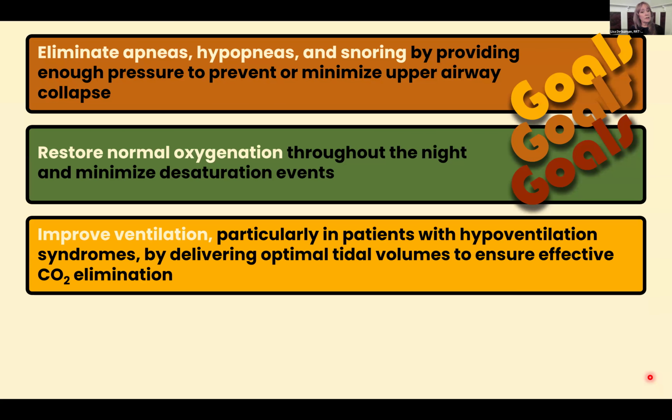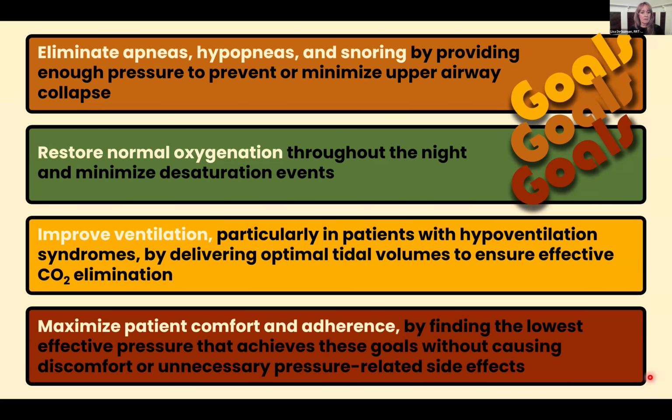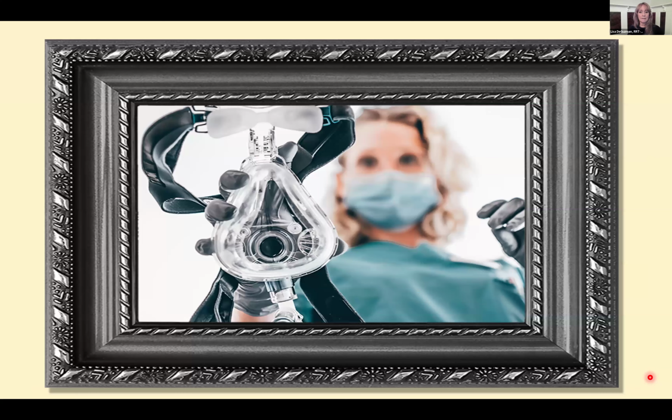We want to improve ventilation, which means reducing that CO2, allowing the lungs to move the CO2 out with the oxygen in. And we want to maximize patient comfort and adherence. So we want to find the lowest pressure that fixes the problem or greatly reduces the problem, but that they can still have compliance.